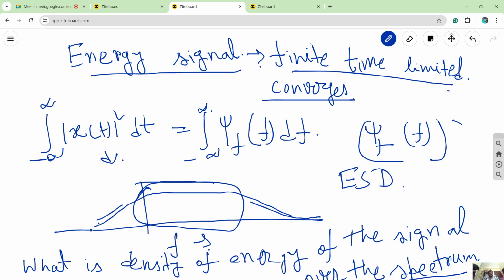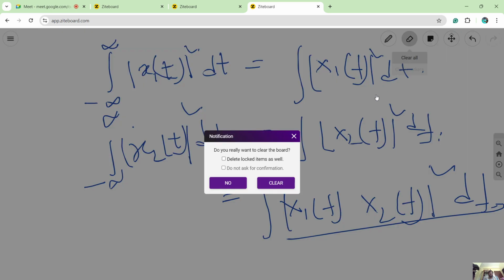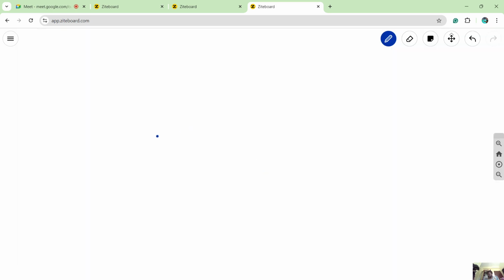So if this is periodic for an energy signal, then how will it look? It may look like this.